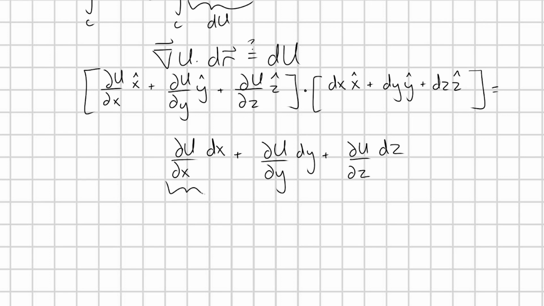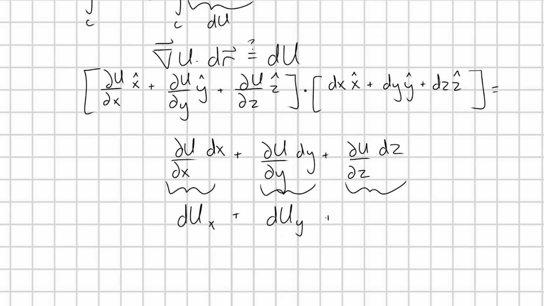And so now I think you can very clearly see that each of these terms corresponds to infinitesimal changes in u in each independent direction. This term is going to correspond to the infinitesimal change of u if you move in the x direction. This is going to correspond to the infinitesimal change in u if you move a tiny little dy in the y direction.